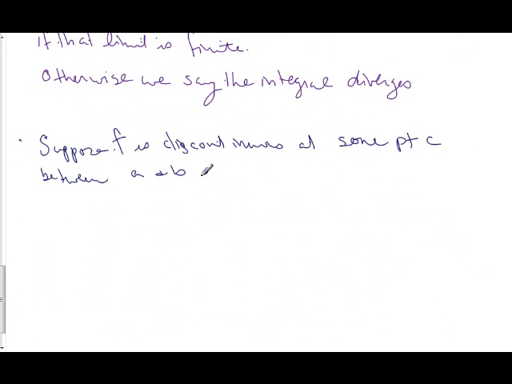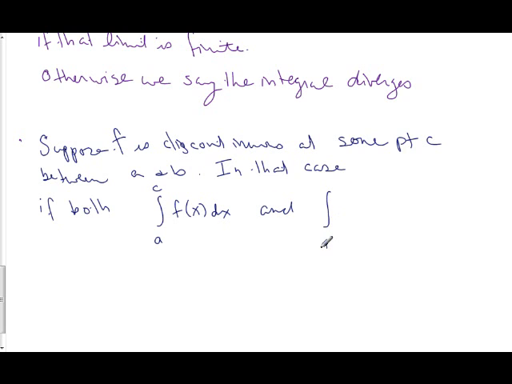In that case, if both the integral from A to C of f of x dx and the integral from C to B of f of x dx converge, that is, they don't diverge, then we define the integral from A to B of f of x dx to be the sum of those, right?